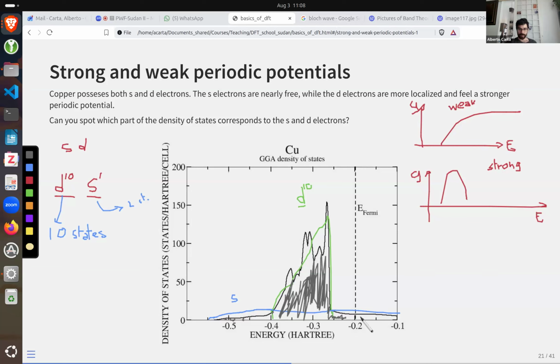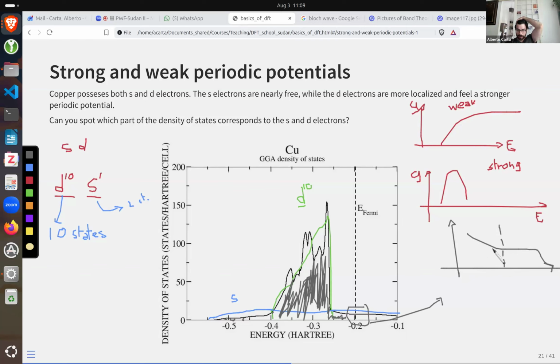So if you zoom in at the Fermi level, you are going to have a density of states that looks something like this. The Fermi level is here in the middle.